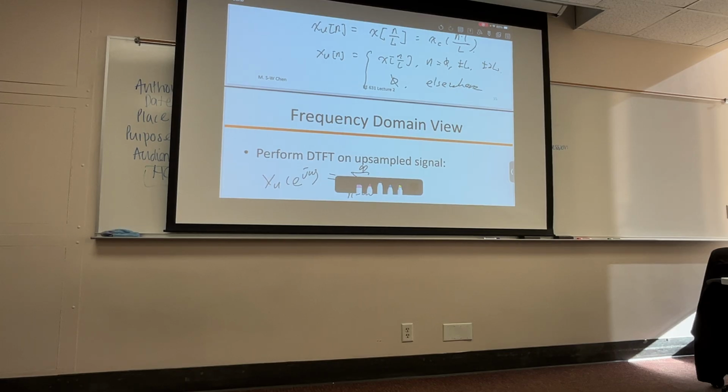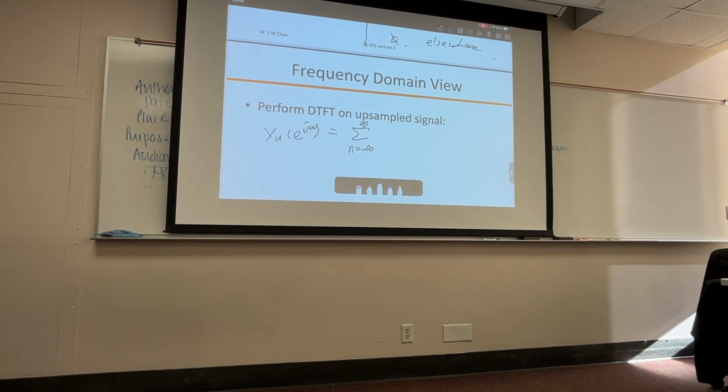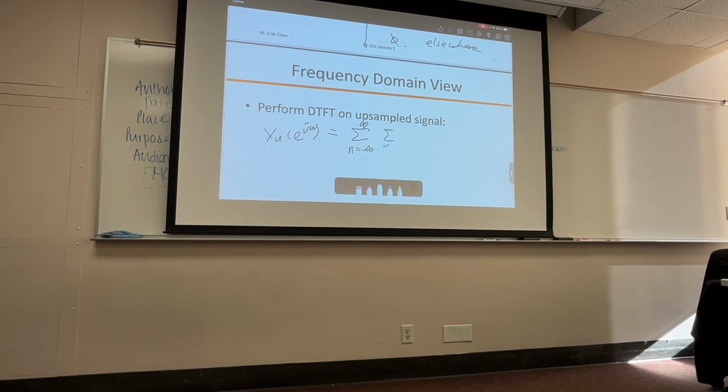There's a math function called the delta function. It's when you hit a particular value, you have some finite value, otherwise it's all zero. So we're gonna express that: k from minus infinity to infinity, x of k, delta function n minus kL. So basically only at integer multiples of capital L, you're gonna have a value.